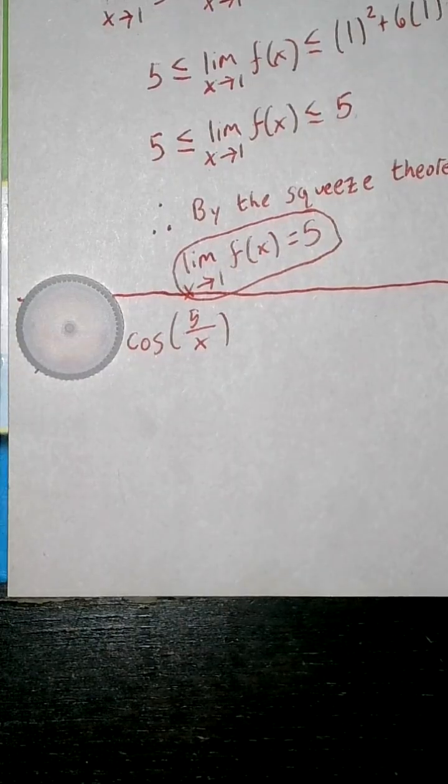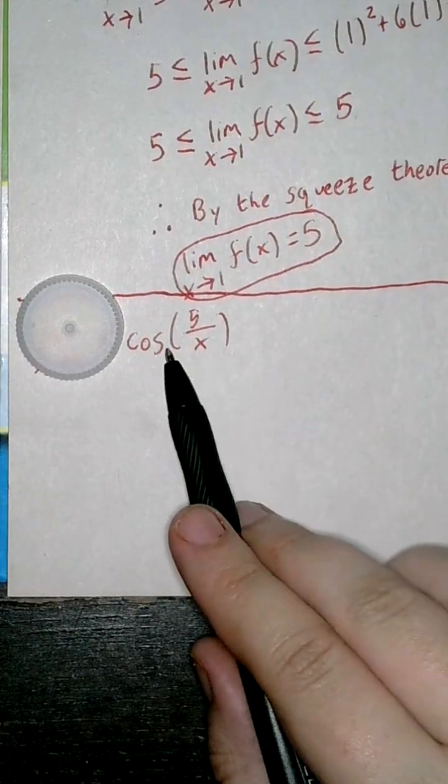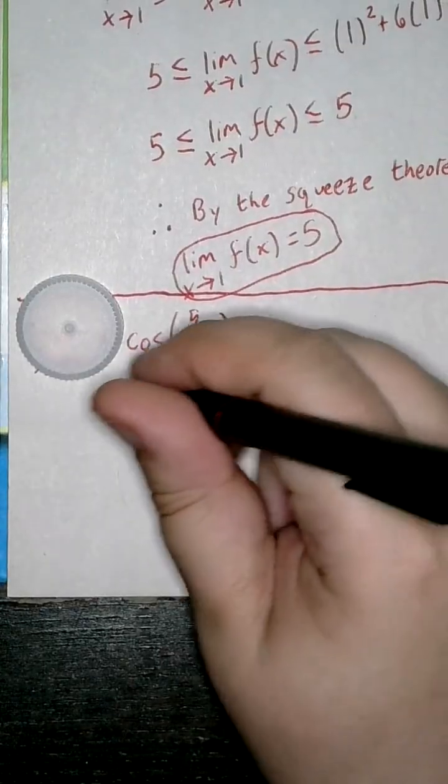Yes, cosine is bounded between -1 and 1. So cosine is bounded like sine.